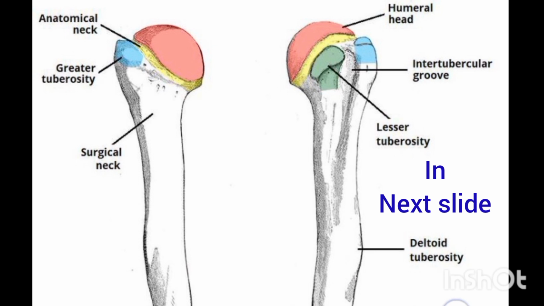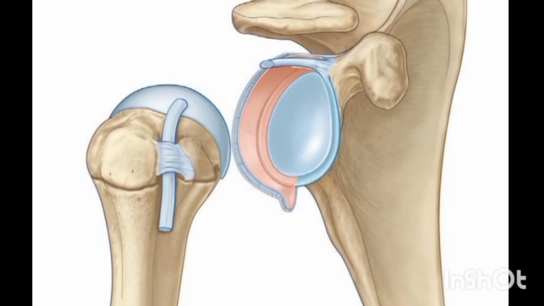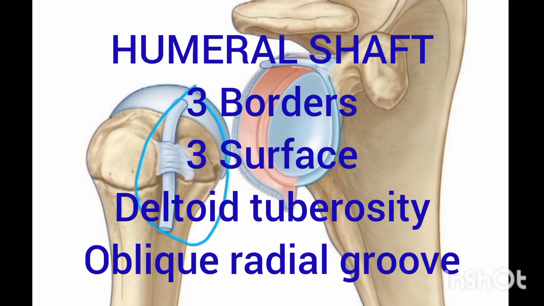Now, let's go to the shaft of the humerus. The shaft of the humerus has three borders and three surfaces. The three borders include your anterior border, your lateral border, and your medial border. It has three surfaces: anterolateral surface, anteromedial surface, and posterior surface.